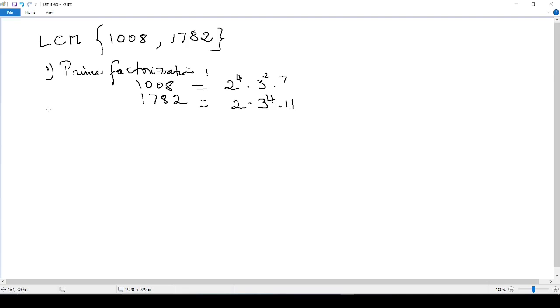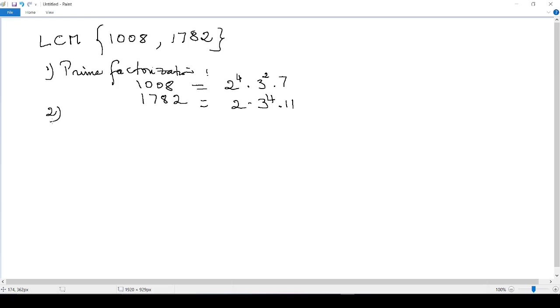Second, what we do is for each prime factor, we find the largest exponent that appears on it in any of the prime factorizations. So we go one by one.